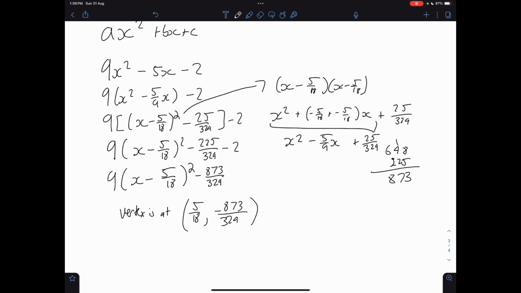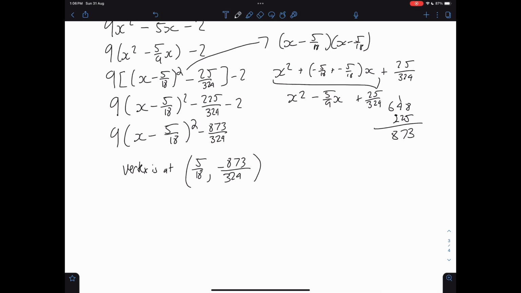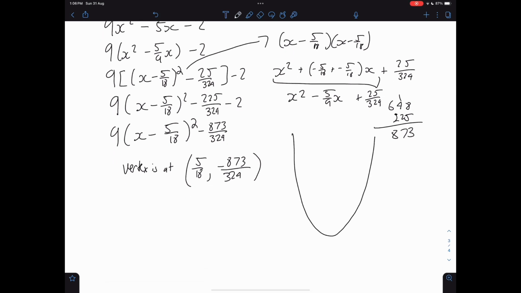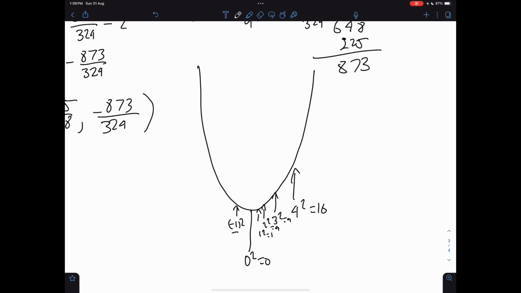But why does this suddenly equal the vertex? Well, think about it. Take a graph like this, and say it's x squared. If you go 4 squared, you get 16, 3 squared is 9, 2 squared is 4, 1 squared equals 1, then add 0 squared equals 0. But then you go minus 1 squared equals 1, then minus 2 squared, that's equal to 4.